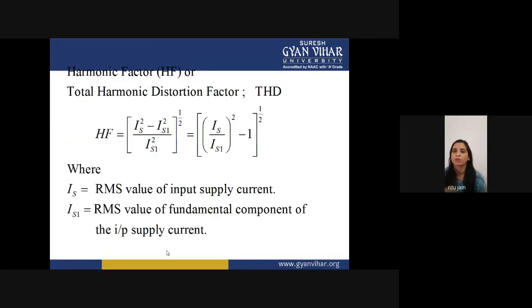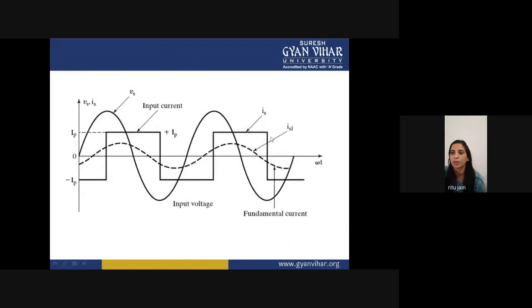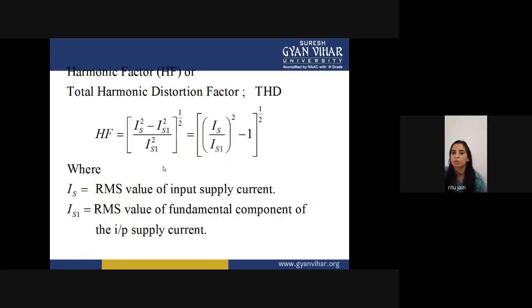Next is the harmonic factor, or total harmonic distortion factor, which is also very important. Is1 is the fundamental component, which you can see in the diagram; the fundamental component means the basic current. The total harmonic distortion can be represented by THD.